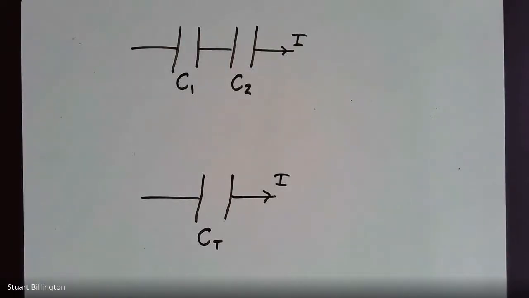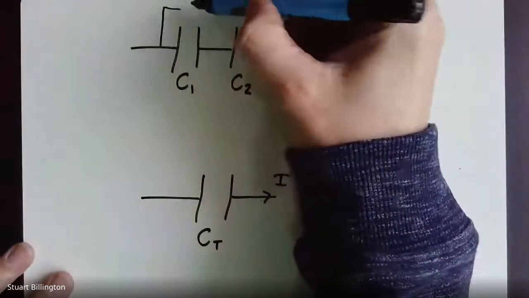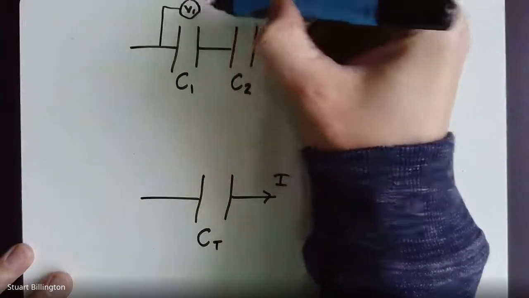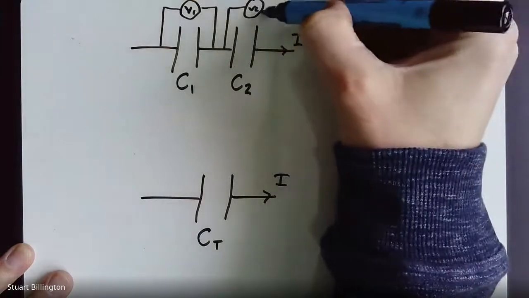Any other variables or formulae? Say again. Potential difference. Yeah, potential difference. So we've got the PD that's going on above capacitor 1. And we've got the PD that's above capacitor 2.